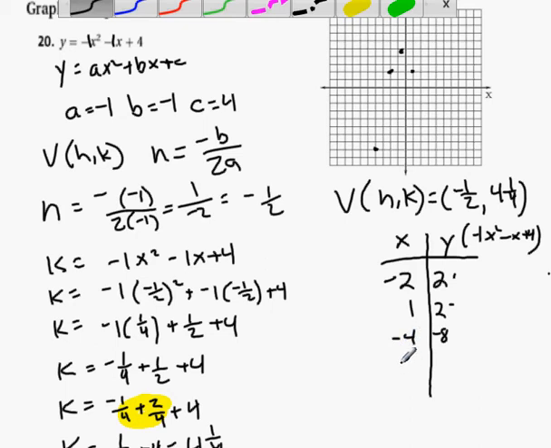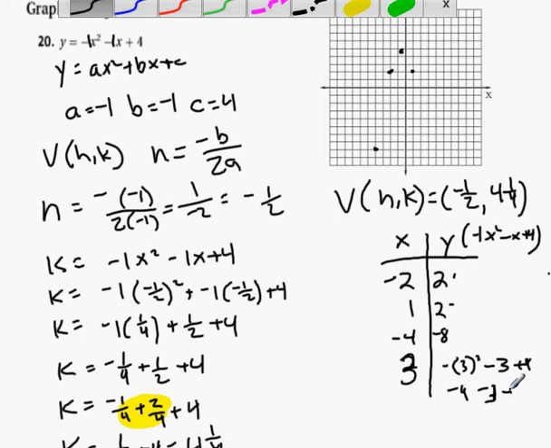And now let's do that one more time. Excuse me, if I made this 3, let's go 3. So I'm at negative 3 squared minus 3 plus 4. Well, 3 squared is 9, so I have negative 9 minus 3.